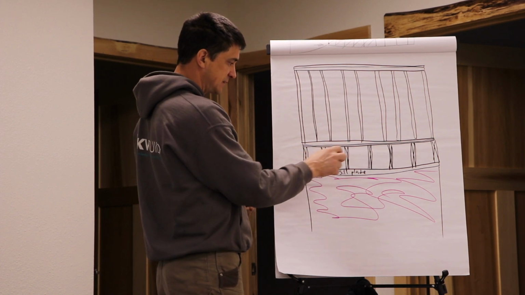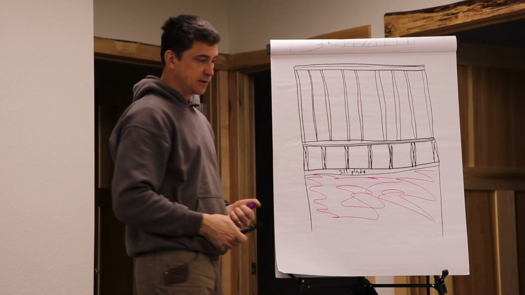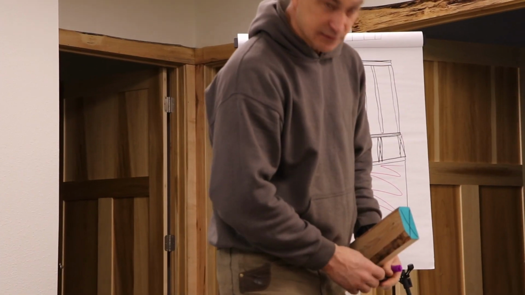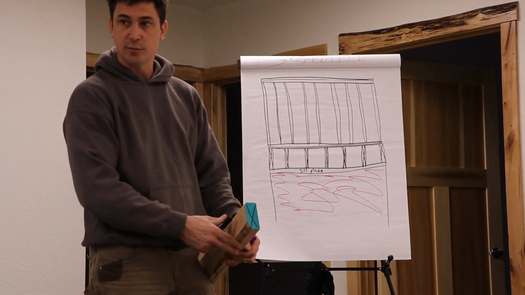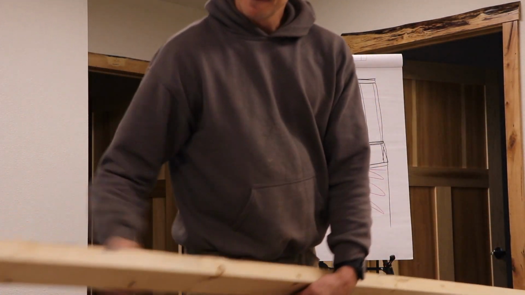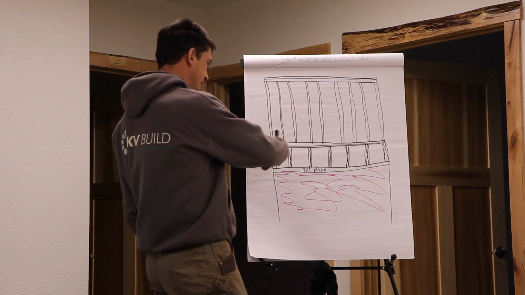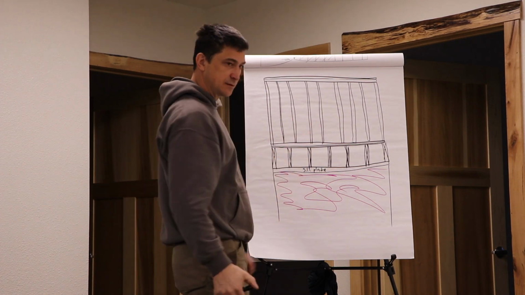So this, the rectangle with the X through the middle of it, is the way that the industry draws any framing member, to indicate I'm looking at the end of it, okay? So that's how we have our floor joists, because they're running like this into our rim joists, okay?